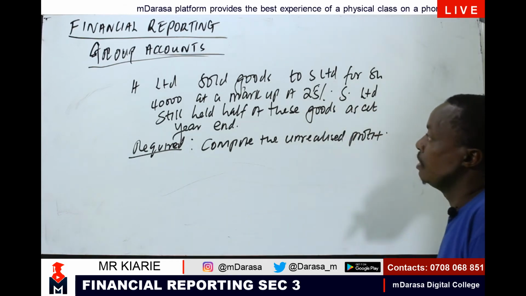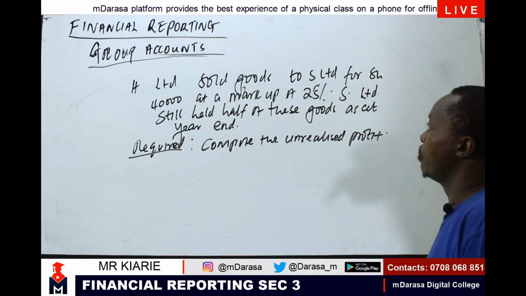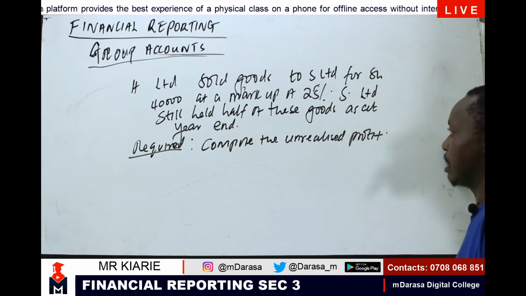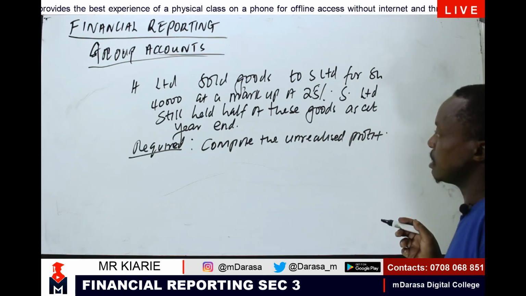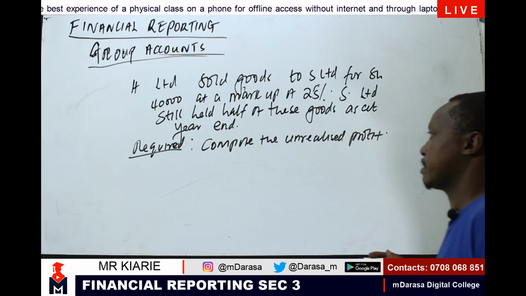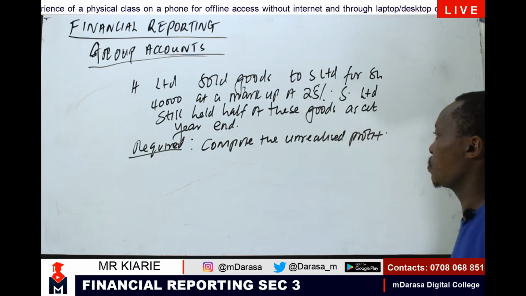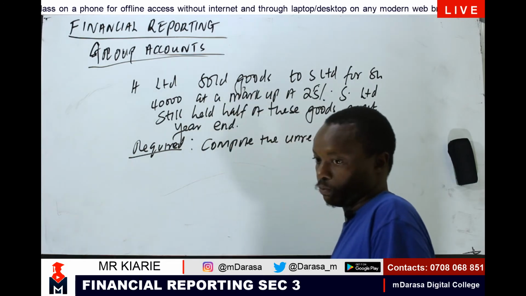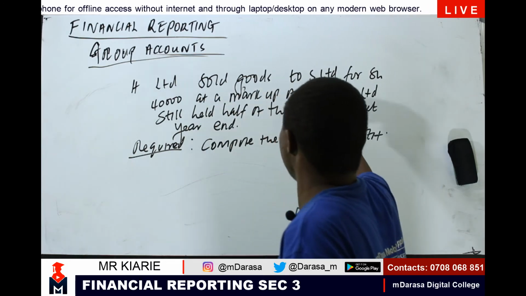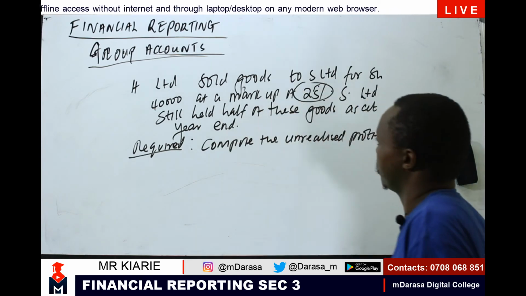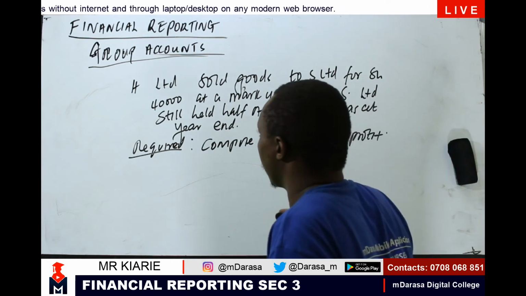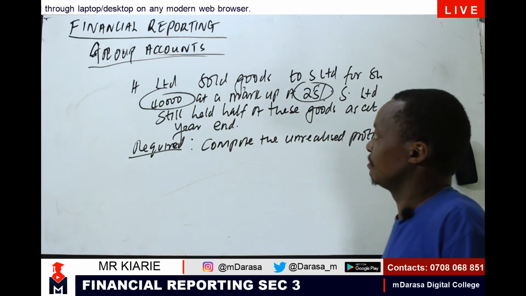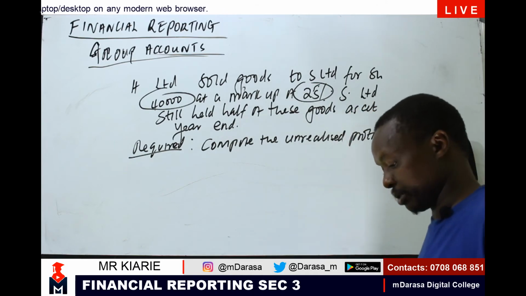I've said H Limited sold goods to S Limited for shillings 40,000 at a markup of 25%. S Limited still held half of these goods as at the year end. You are required to compute the unrealized profits. Now, my first question is, is the 25% markup applicable on the 40,000 directly without conversion?